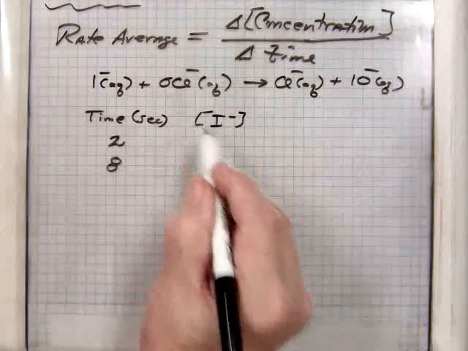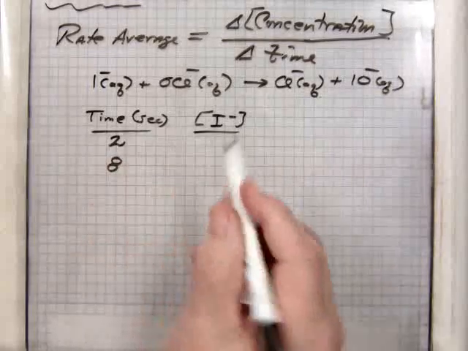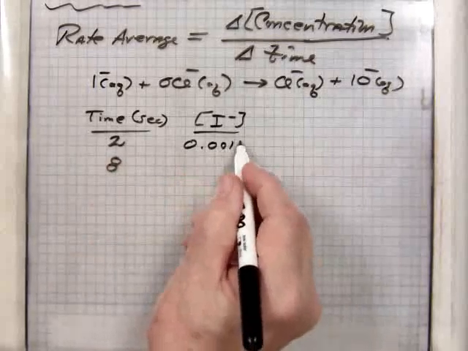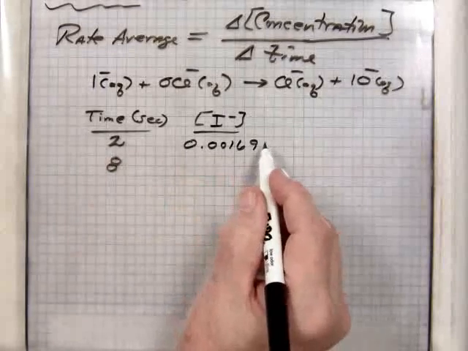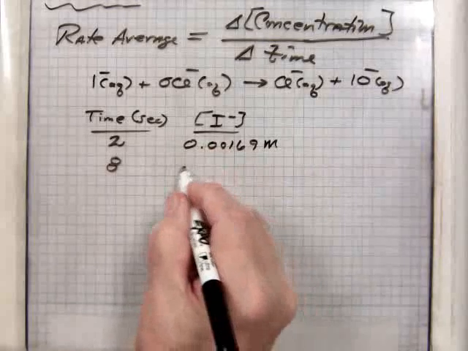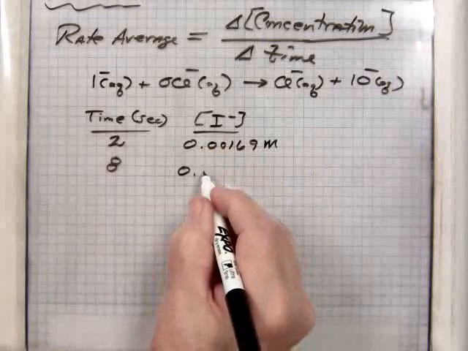I'll just put the brackets like that, 0.00169 molar. As brackets already indicate molar, I put the M on there. 0.00101 molar.